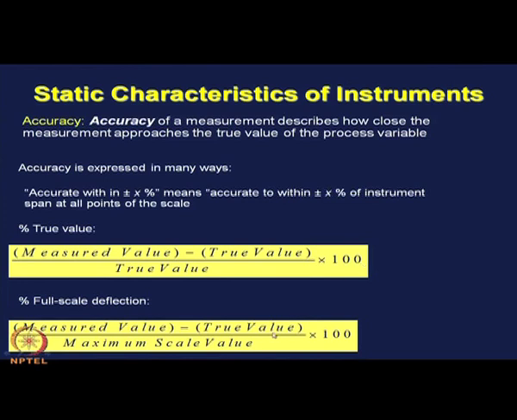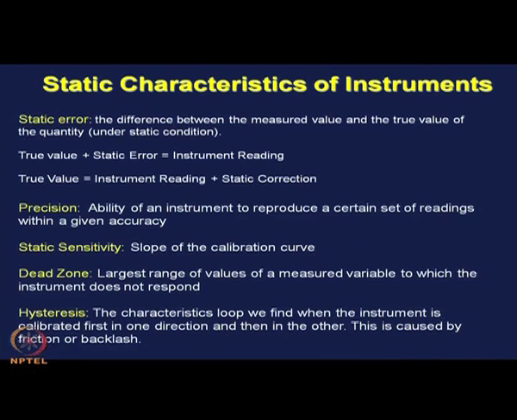Similarly, accuracy can also be expressed in terms of percentage full scale deflection, and this can be represented as measured value minus true value divided by maximum scale value multiplied by 100. If accuracy is a measure of how close the measured value is to the true value, static error must be the difference between the measured value and the true value of the quantity.